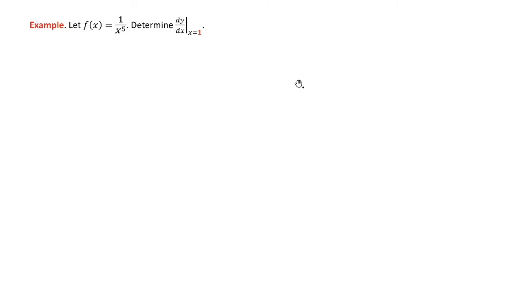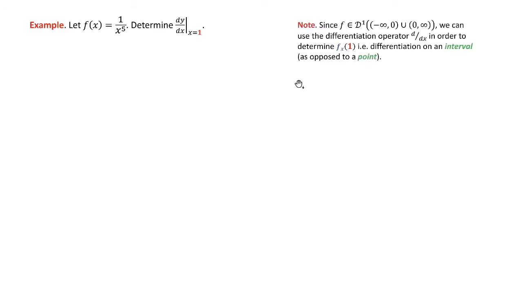Okay, so the first thing we want to do is notice that this function is actually differentiable everywhere except 0, right? It's a rational function. So we can use the differential operator to find the function f'(x), and then use f'(x) evaluated at x equals 1 to find the slope of the tangent line, right?